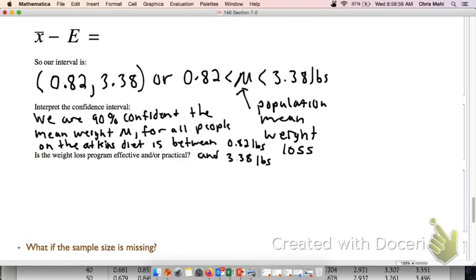Okay, so with 90% confidence, we estimate that the population mean weight loss for all people on the Atkins diet is between 0.82 pounds and 3.38 pounds.